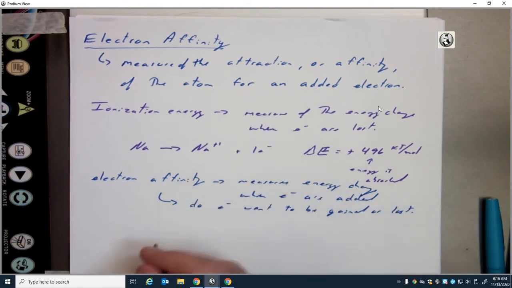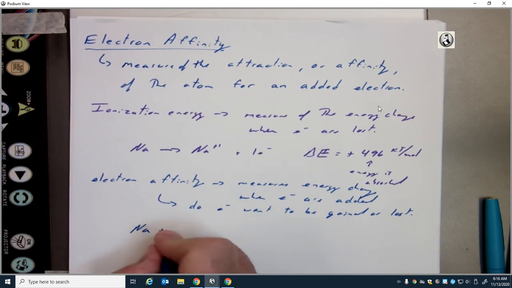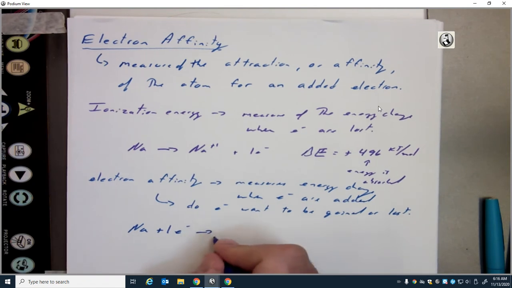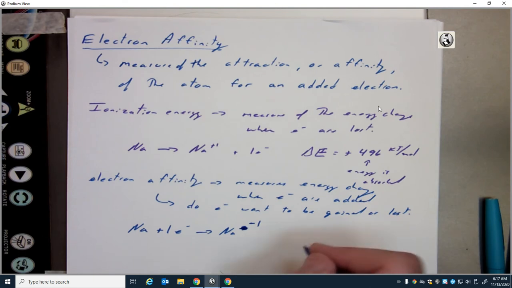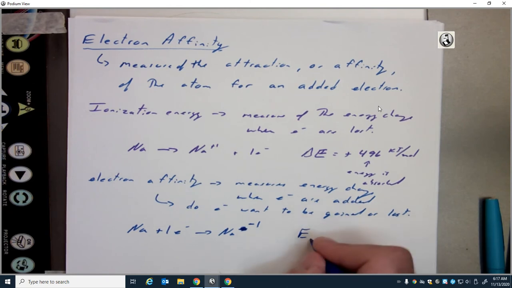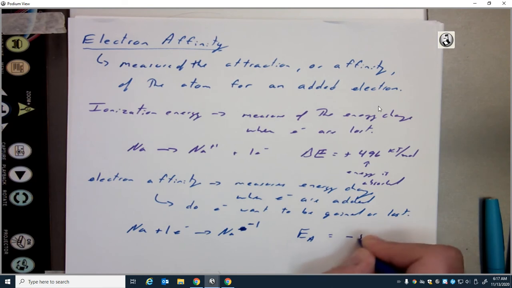So in this case, we want to know if sodium wants to gain an electron and become Na-. Oops, that's not a plus, that's a -1. So our energy of affinity, EA, for this would be equal to a negative 53 kilojoules per mole.